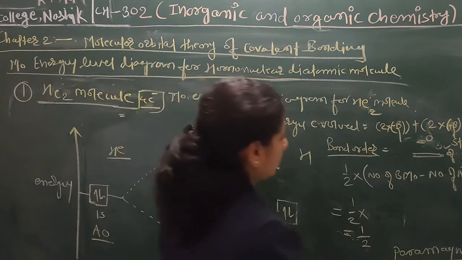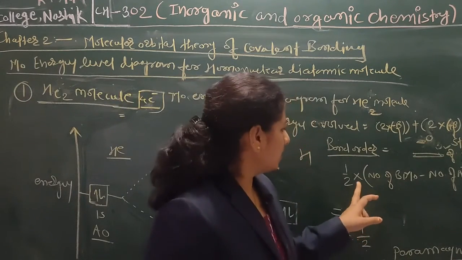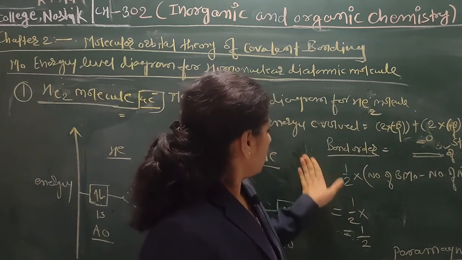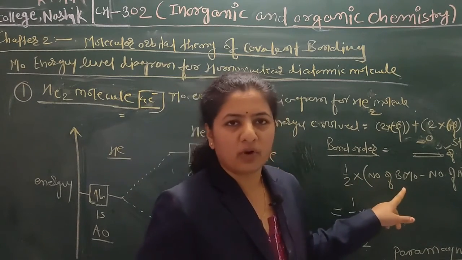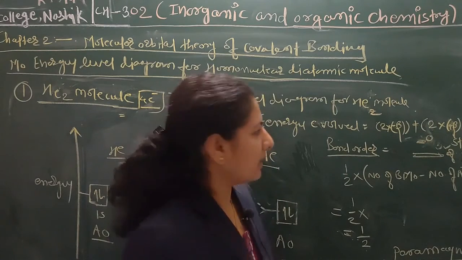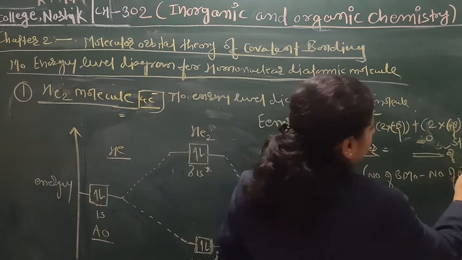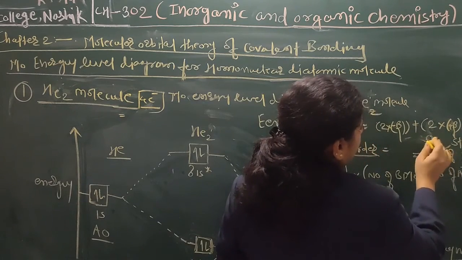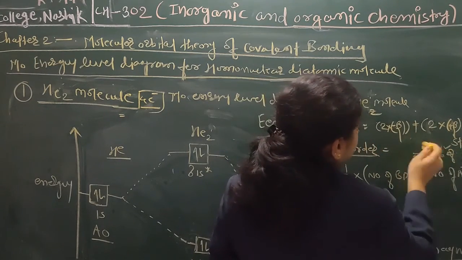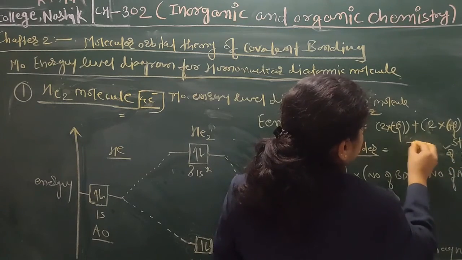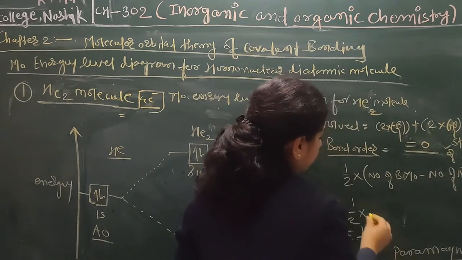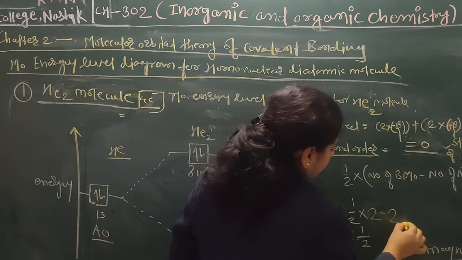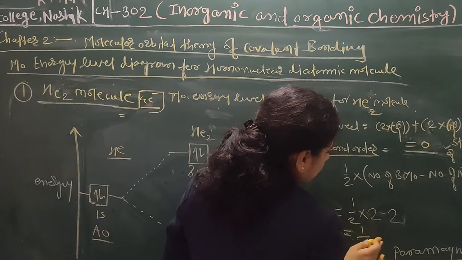And as we know, the bond order is nothing but half into the number of bonding minus antibonding molecular orbital electrons. So we can conclude that the bonding molecular orbital electrons are 2 and the antibonding molecular orbital electrons are 2, so that will be 0.